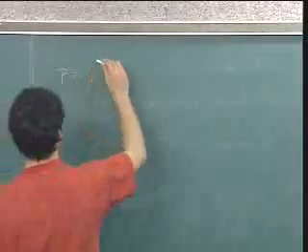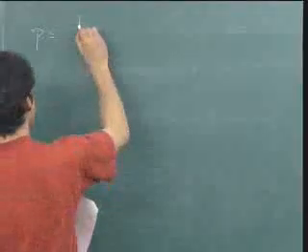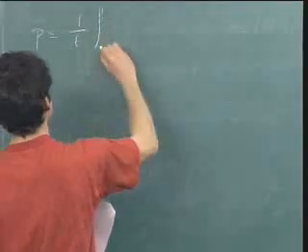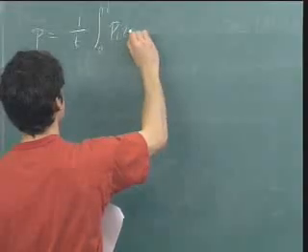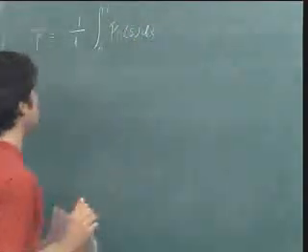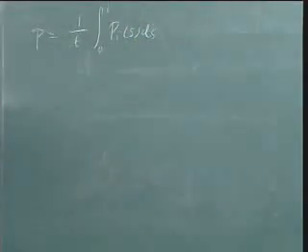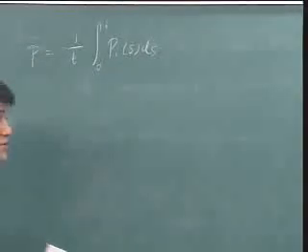So we have that our p here, the probability of a random event being a type i event, is just equal to 1 over t times the integral from 0 to t of p_i(s) ds. And then remember proposition 5.2.